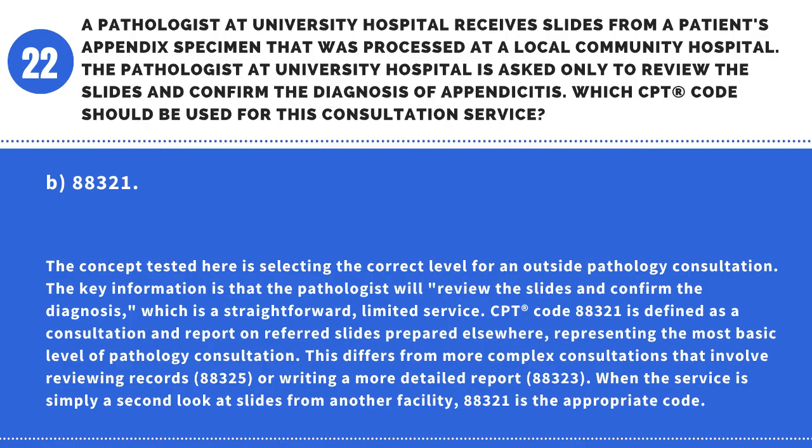CPT code 88321 is defined as a consultation and report on referred slides prepared elsewhere, representing the most basic level of pathology consultation. This differs from more complex consultations that involve reviewing records, 88325, or writing a more detailed report, 88323. When the service is simply a second look at slides from another facility, 88321 is the appropriate code.